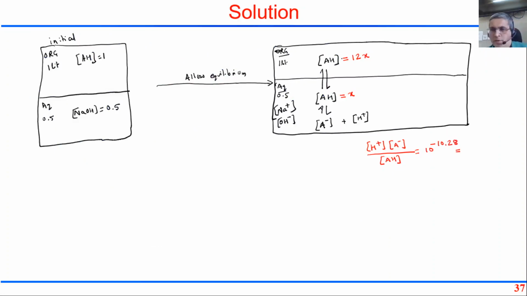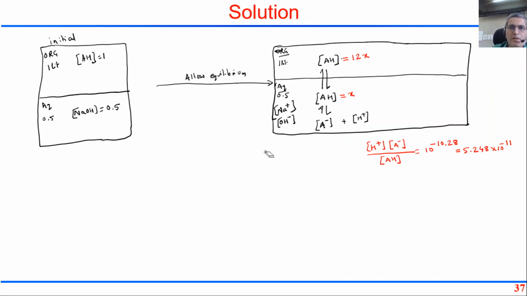If you find out what this 10 raised to minus 10.28 is, just to simplify, this is 5.248 times 10 raised to minus 11. You can say 5.25 if you want, just to make life a little simpler.